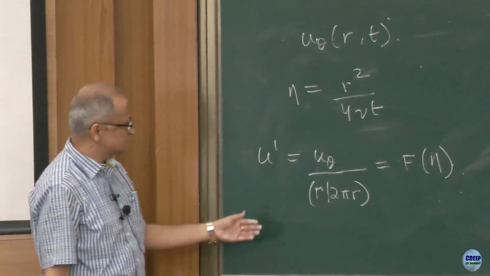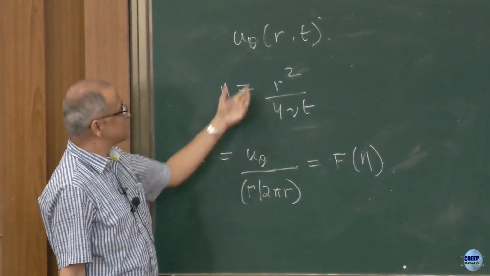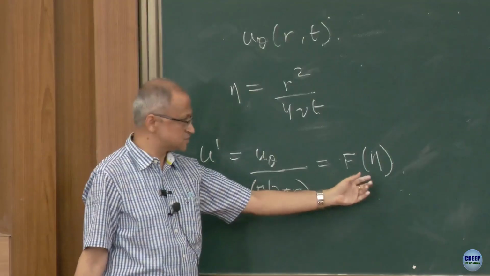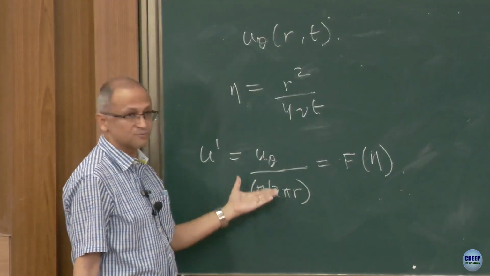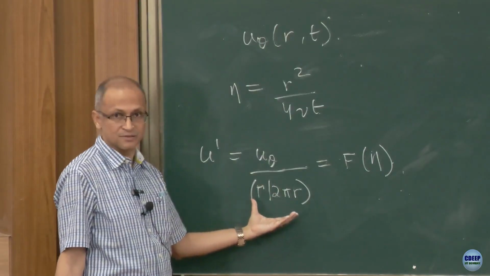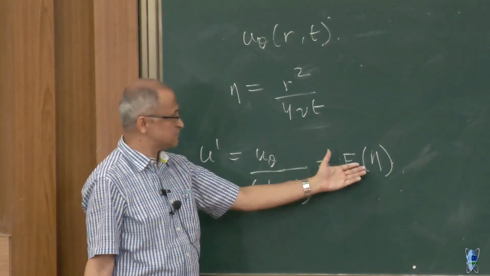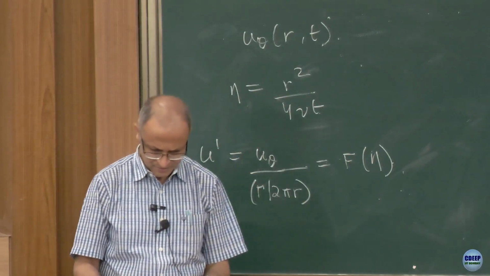So what we are saying is that instead of u theta being a function of r and t, u theta is only a function of eta, which is some combination of r and t, provided that we normalize it in this manner. So essentially u theta is gamma by 2 pi r times a function of eta, which is nothing but what has been given here.